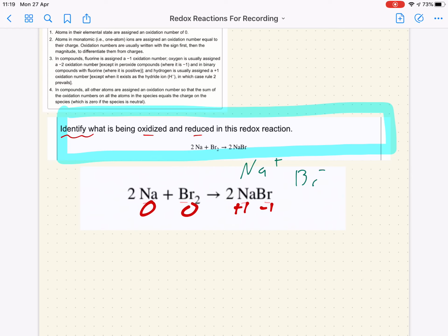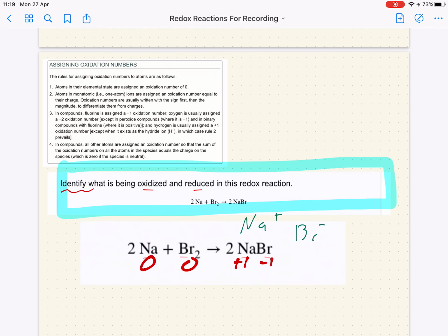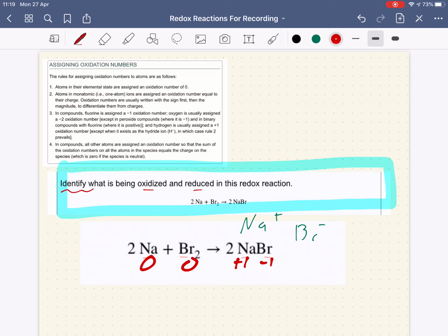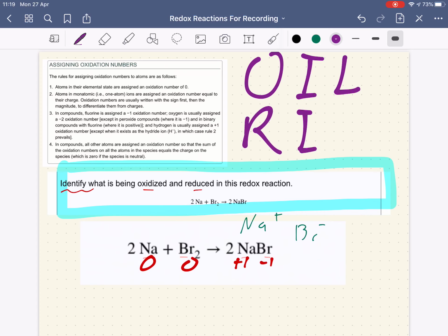Now our goal is to figure out what's being oxidized and what's being reduced. Here I say, let's go to OIL RIG. Do you remember what that means? Oxidation is loss. Reduction is gain.